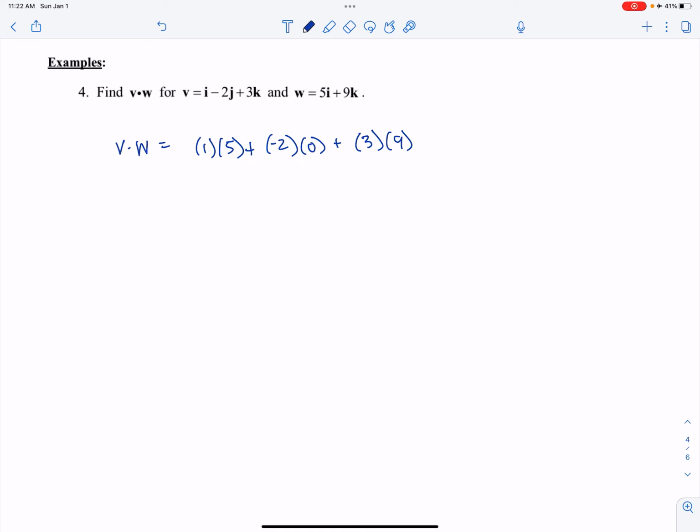W doesn't have a j, so that's where that 0 came from. 5 plus 0 plus 27 gives us 32. And that's our dot product.